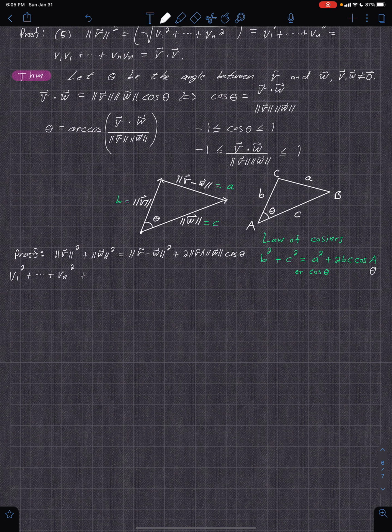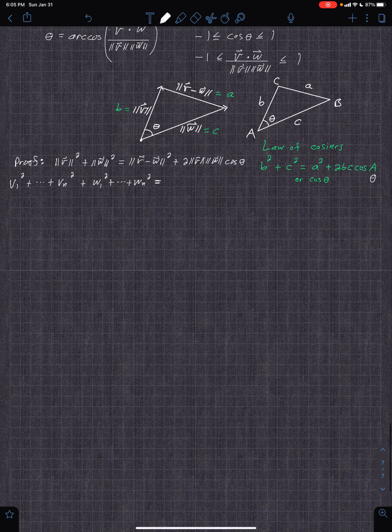And then you get the same thing for W, so W1 squared all the way to Wn squared. Okay, so that equals, and then you do the same thing for those components as well. So you'll have parentheses, V1 minus W1 squared, etc., all the way to Vn minus Wn squared.